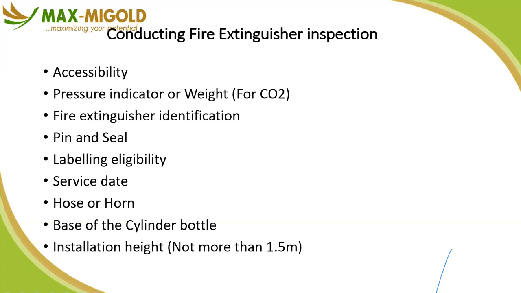Ensure that the extinguisher has proper identification, because again, you should place an extinguisher in a particular location based on the risks of the existing hazard, based on the likelihood of the hazard in those places to materialize. All right.